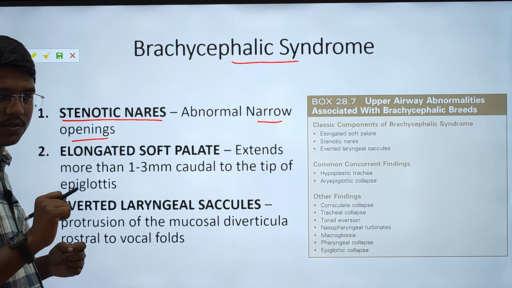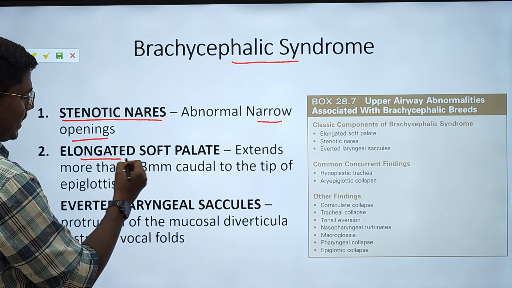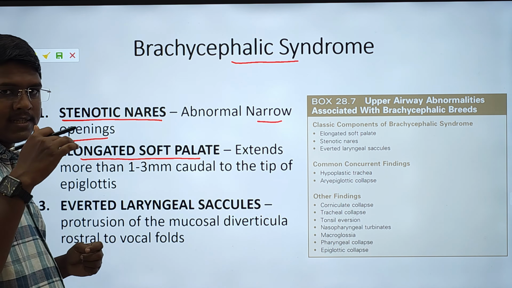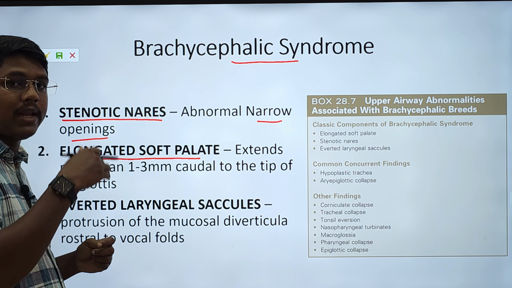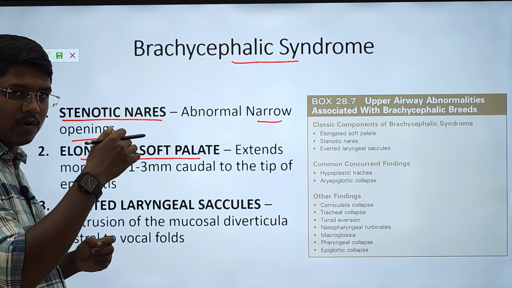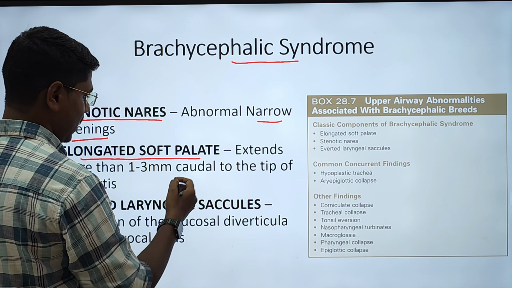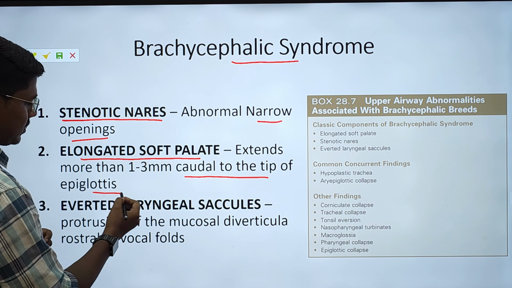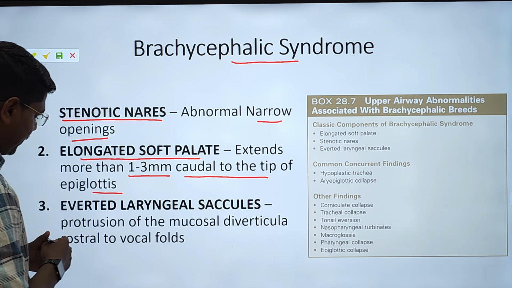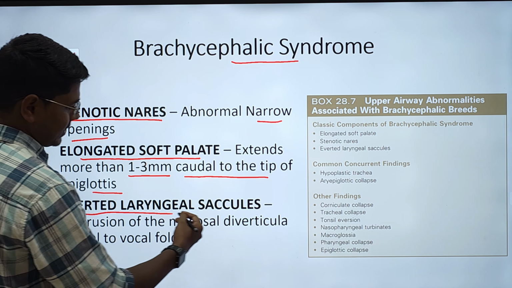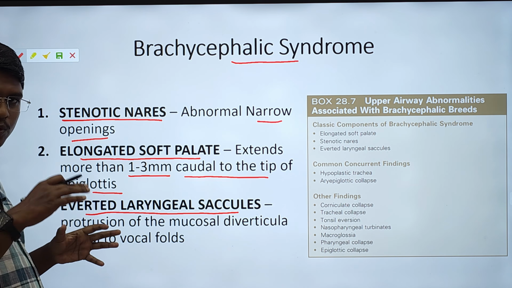We'll see pictures, don't worry. Next one is the elongated soft palate, which extends beyond the level of the epiglottis, caudal to the tip of the epiglottis, more than 1 to 3 mm. Third, everted laryngeal saccules. These 3 are more common.